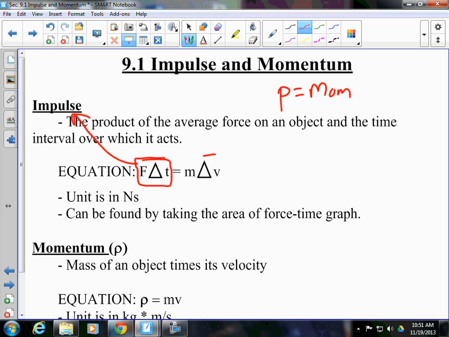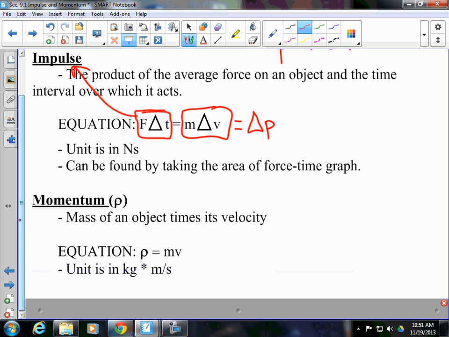So what you will see is this is equal to change in P, and we'll talk about that a little later down on the slide. But impulse is force times change in time. Force is in newtons, time is in seconds. Impulse, the unit is going to be a newton second. Impulse is also equal to the change in momentum.